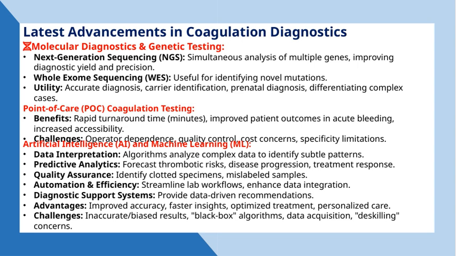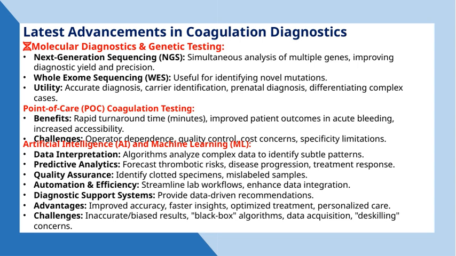Next, we have artificial intelligence and machine learning, which are really opening new doors. These algorithms help us interpret complex data more accurately by spotting subtle patterns that might otherwise go unnoticed. They also enable predictive analytics, allowing us to forecast risks like thrombosis, disease progression, or how a patient might respond to treatment.